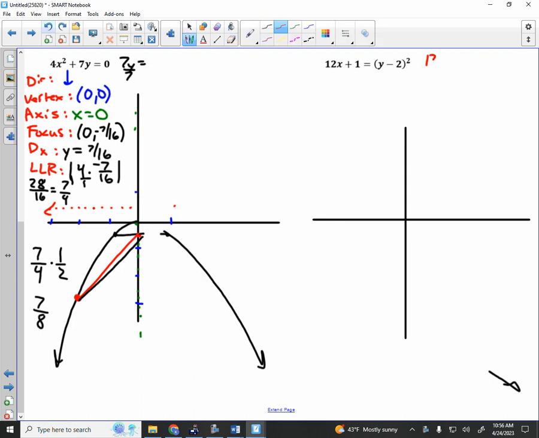All right, 12x plus 12 is equal to y minus 2, quantity squared. I'm changing the problem. It doesn't work very well if there's a 1 there. So we're just going to get rid of that. Talk to your peer.